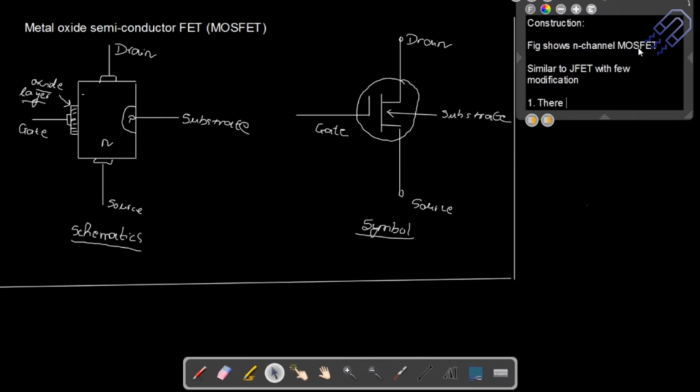The first point is that there is only one P region. If you look at our typical junction field effect transistor, it has two p-type regions. This is called the substrate. This is the one junction that we have.